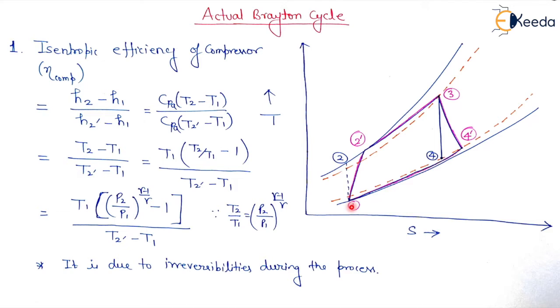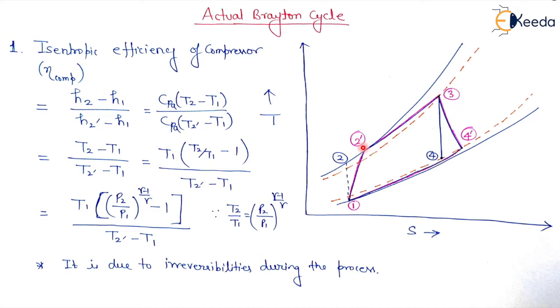But due to certain irreversibilities inside the system, like in the compressor, so many irreversibilities are there. There are frictional losses. Because of these losses, the process 1 to 2 will deviate. So 1 to 2 is an ideal process, but 1 to 2 dash is an actual process.